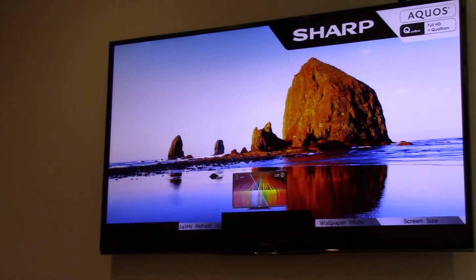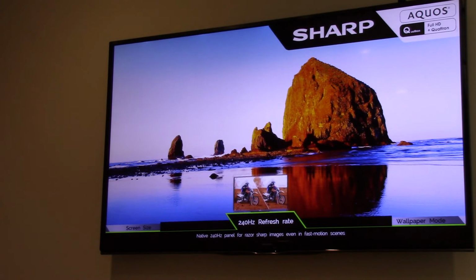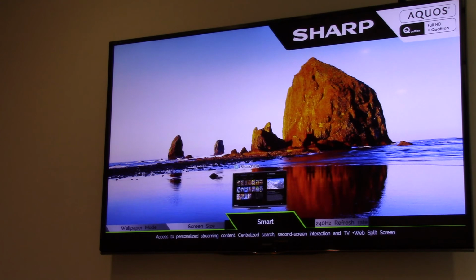That's weird. How does that work? That's weird. I'm not sure why it's not recognizing this.